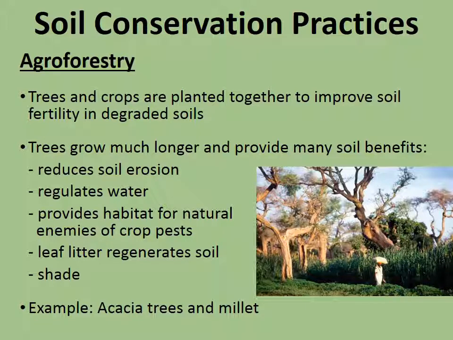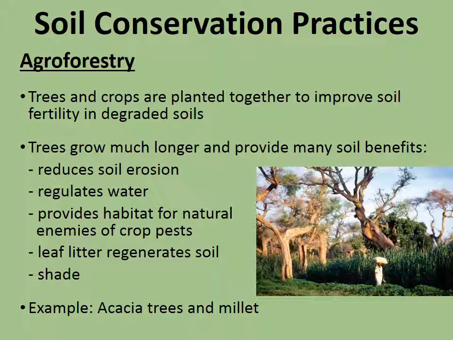Agroforestry is another. You plant your trees in with your crops to improve your soil fertility. It reduces your soil erosion. It regulates your water. It provides habitat for natural enemies of crop pests. So you're going to have the birds up in the trees that are going to eat the insects that are eating your crops.